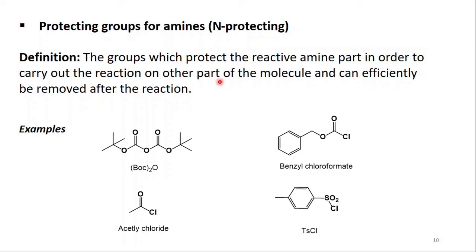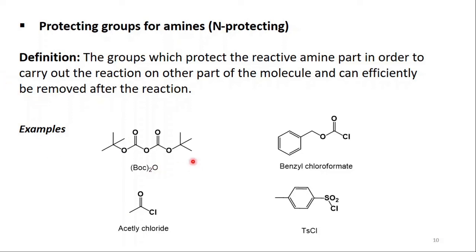These are the groups which protect the amine part and make the reactions at the other parts of the molecule facile after protecting NH2 or NH, and at the end this can be removed without interfering with the other parts of the molecule.